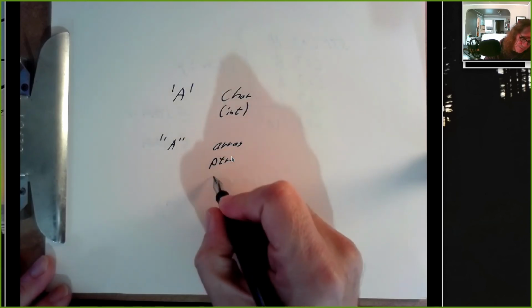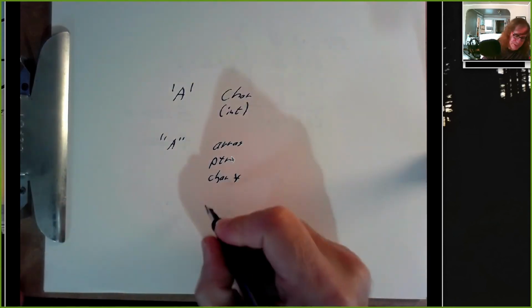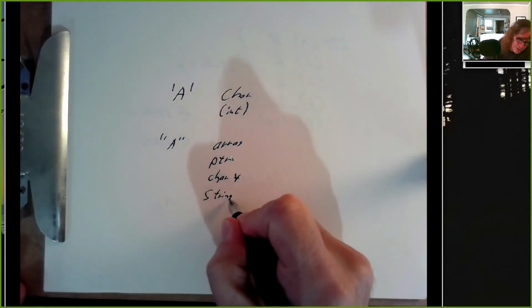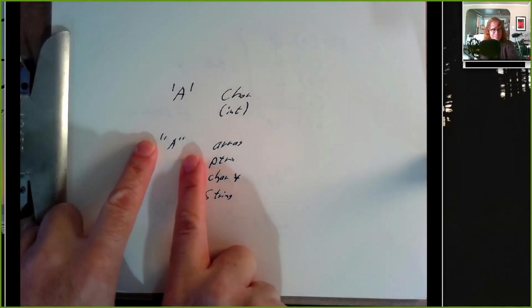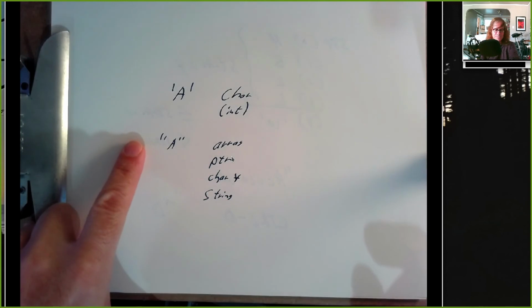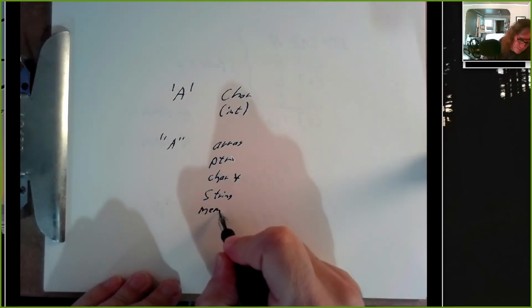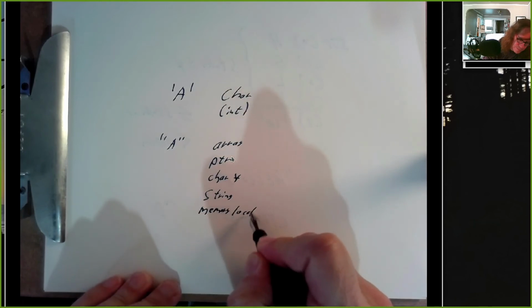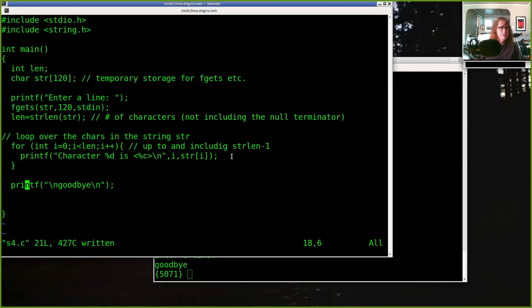It's a pointer. It's a char star. It's a string. But it's not a character. It's actually the address of somewhere in memory where the character A has been stored. This thing is not a character by itself. It's really a memory location. So if you're working with characters, use single quotes.